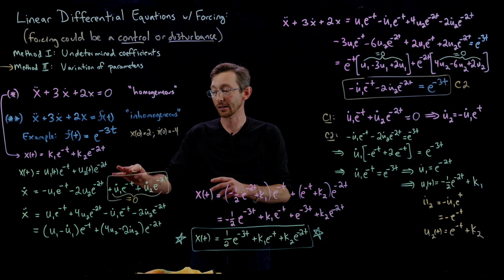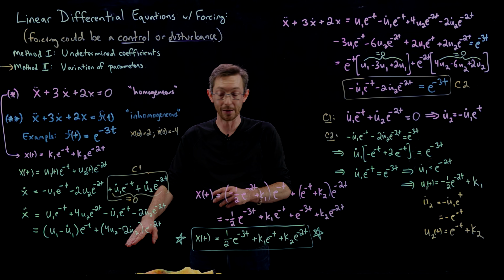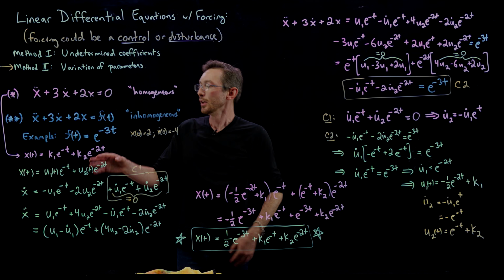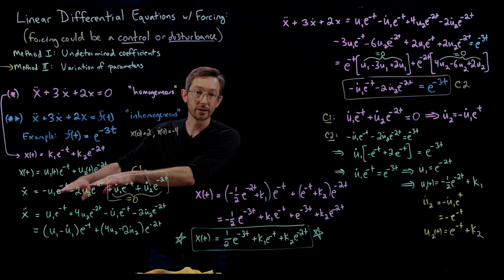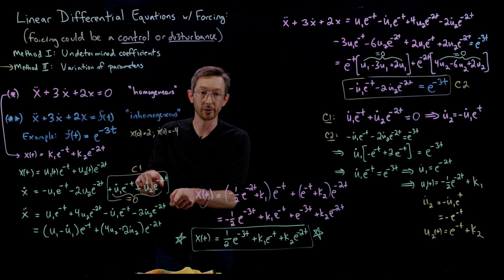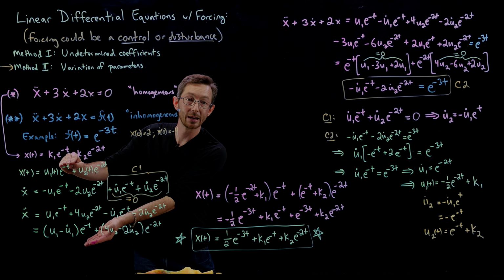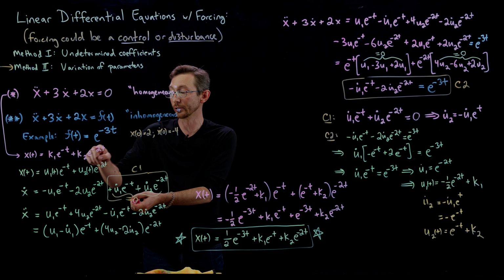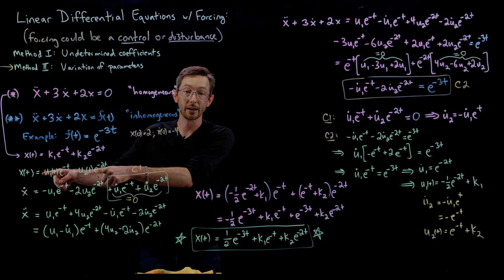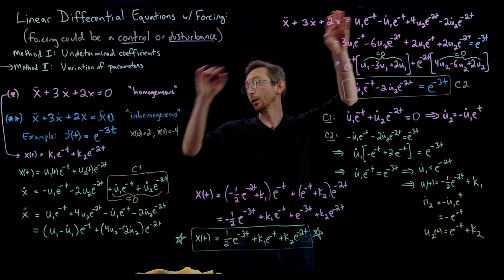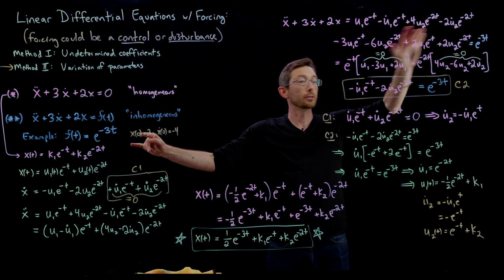It turns out this is not just convenient to save ourselves board space, it's also convenient because we need another condition out later. So we plugged this in, we computed the derivative, we made this assumption to make our derivative simple, then we computed the second derivative. We take all of this information now in terms of our homogeneous solution and these undetermined functions u1 and u2. We plug that into our ODE, we get all of these terms.